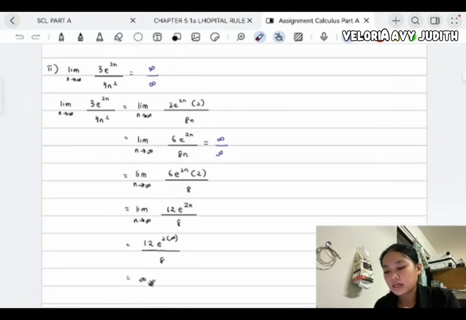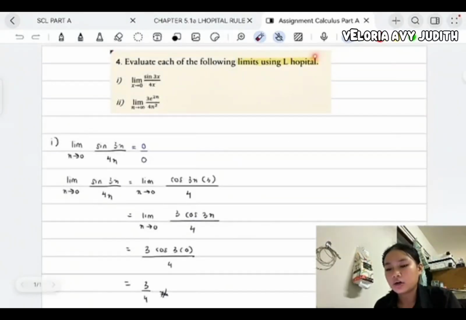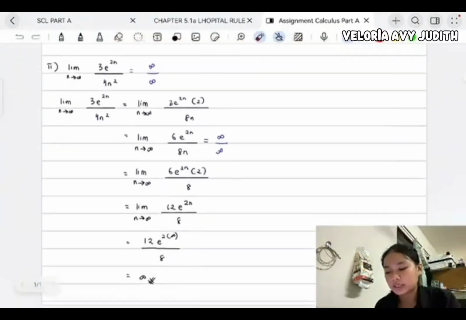In this case, if we substitute infinity for n, we get the indeterminate form again, which is infinity over infinity. So in this case, we need to apply L'Hopital's rule for the second time.